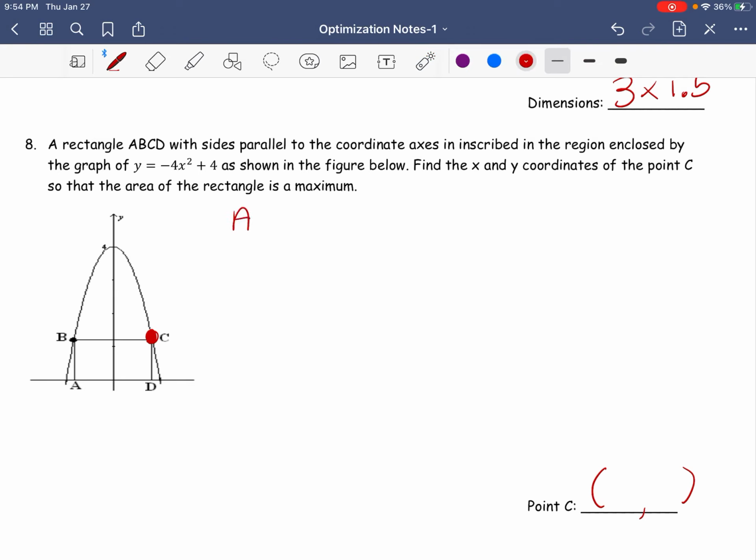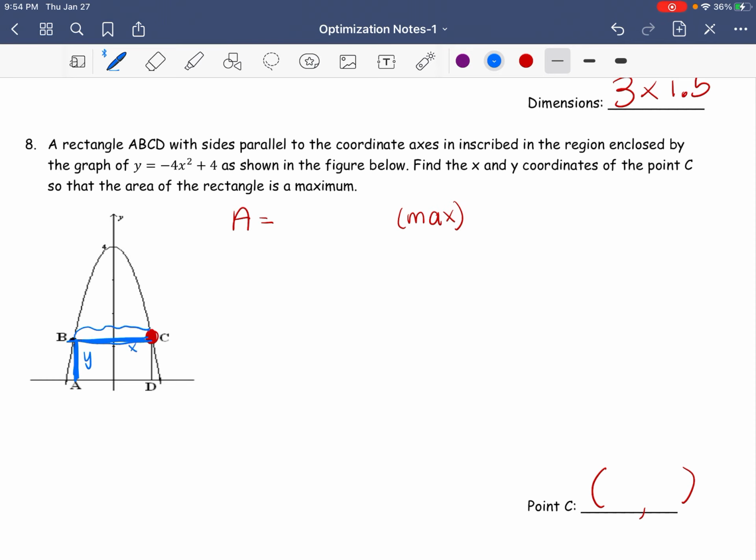So the area of this rectangle is going to be maximized. Be careful when you find the area of this rectangle. This right here, we can call y. Start at the x-axis, go up. But this big piece right here, we have to decide what to call.